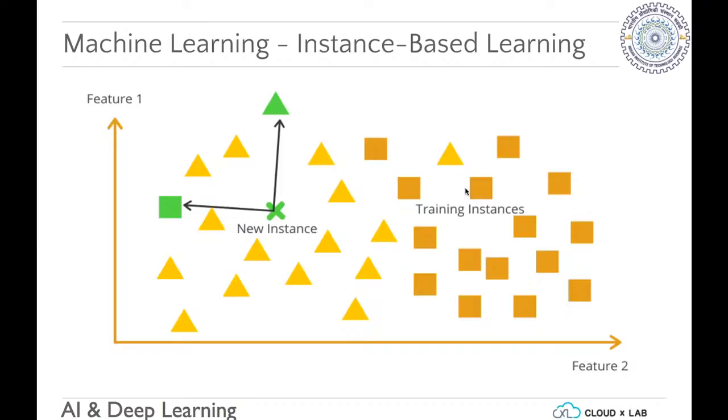Here we are trying to separate the squares from the triangles, and given a new instance, we see which one is closer. Instead of coming up with a generalized model, we are seeing the similarity between the experiences.